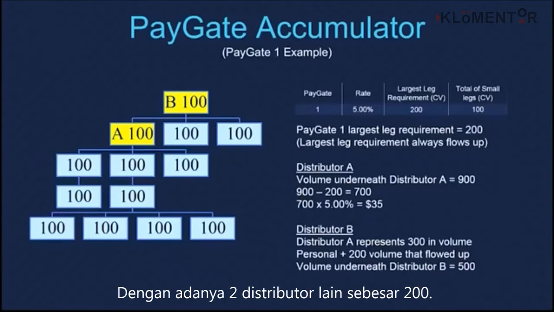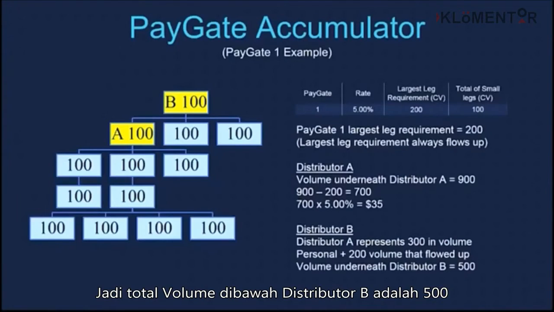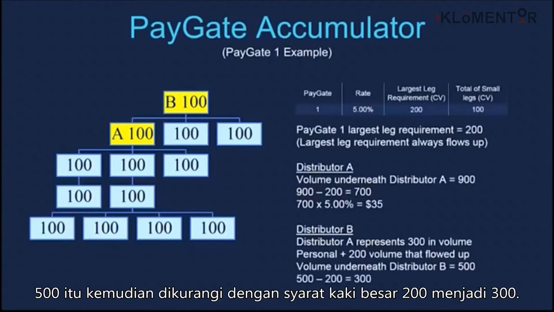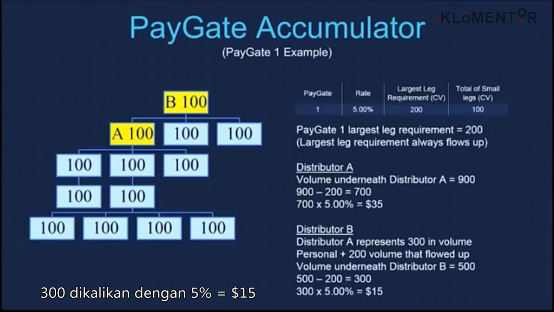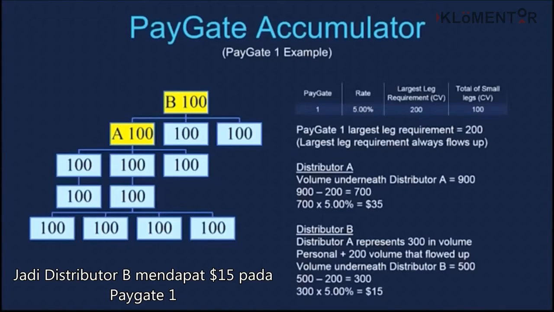There are 2 more distributors, each with 100, so the total volume underneath Distributor B for this example is 500. We then take that 500, and again we subtract the largest leg requirement of 200 to give us 300. We then take that 300 and multiply it by 5% to give us $15. So Distributor B in this example would earn $15 on Paygate 1.